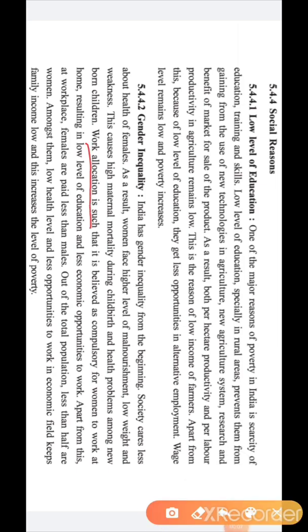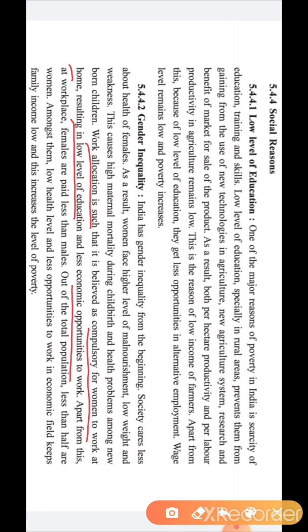Work allocation is such that it is believed compulsory for women to work at home. So this is the mentality in India. In our country, females have to work at home, resulting in a low level of education and fewer economic opportunities.